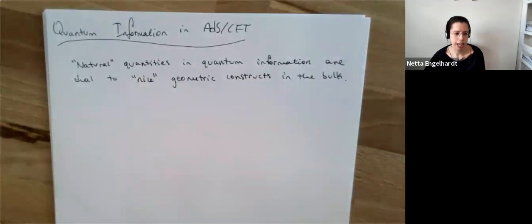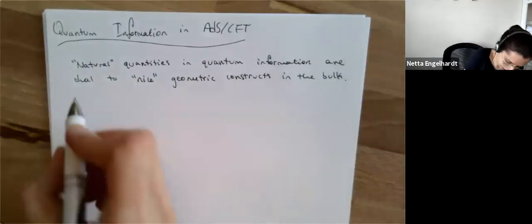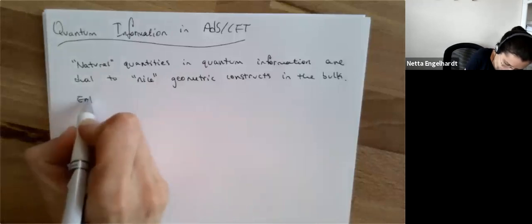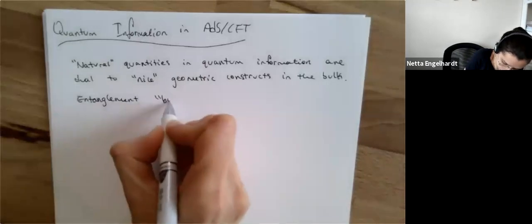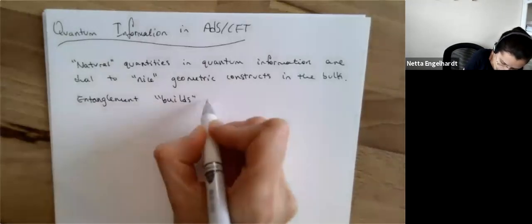Now, as currently stated, this is not a very precise statement, but it conveys the generalization of a particular idea which has been expressed time and again in holography, which is the idea that entanglement, in some sense or other, builds space-time.